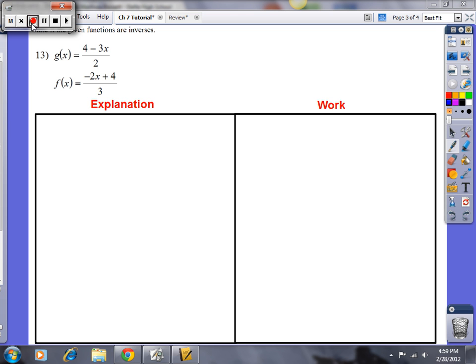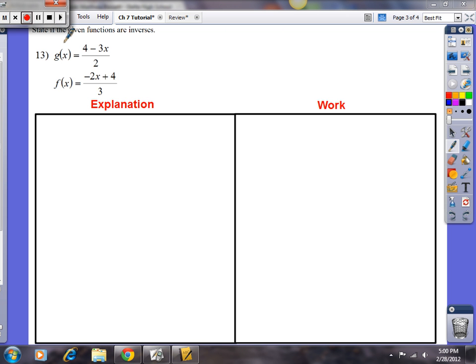Alright, the third problem, and these are all coming from your chapter review, so this is 13 on the chapter review. They want to know if the given functions are inverses, and this is from lesson 7.8. If you use your notes, there's a list of those 4 steps that you have to follow to find an inverse. So 2 functions, g of x and f of x, are they inverses?